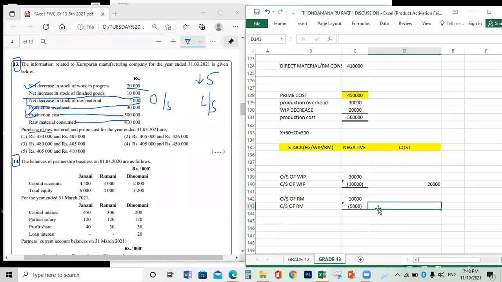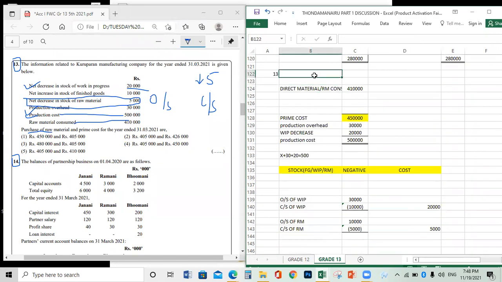You get it? So are you getting a negative or positive value? You're getting a positive value. That's why I said when your stock decreases, your cost increases. Now, are you clear? When your raw material stock decreases, your cost will increase.